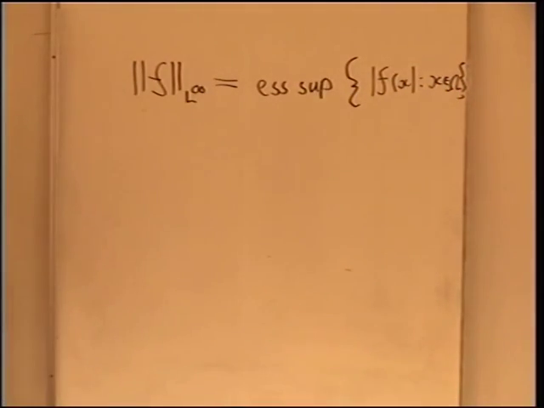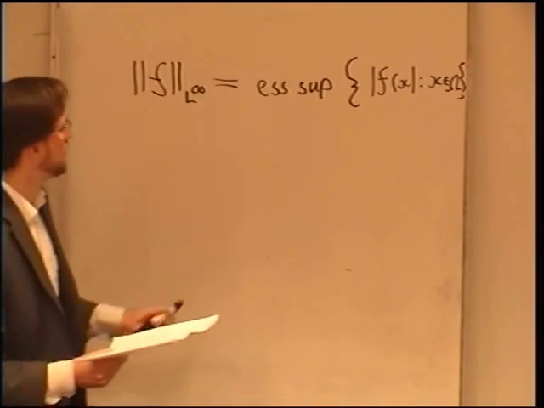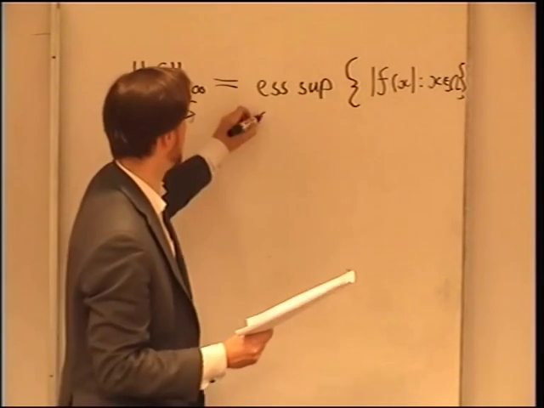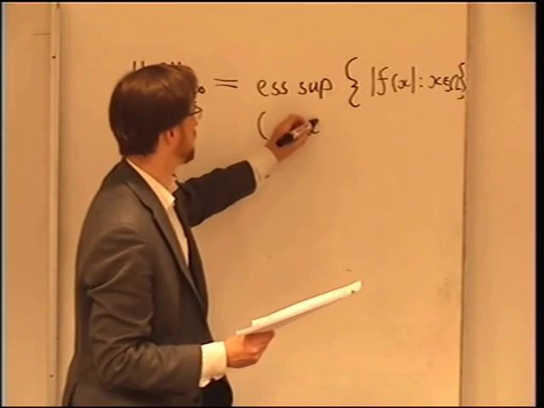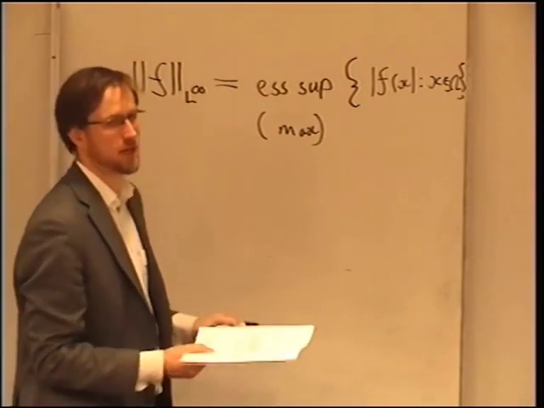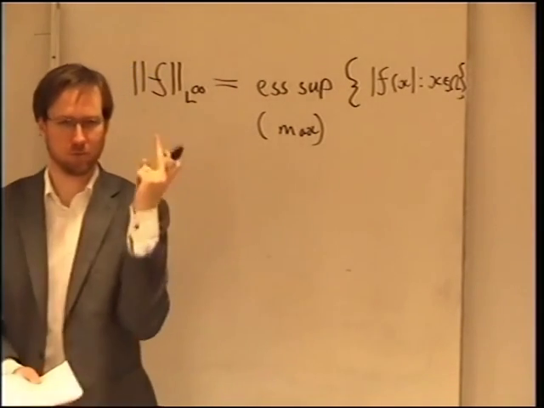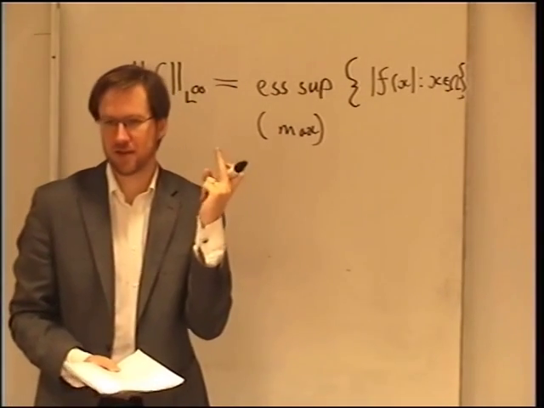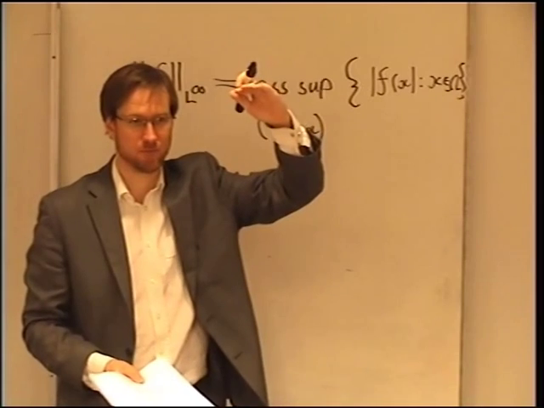So what that basically means is if we were to call that max instead of essential supremum, then we'd understand what this means. This means that it's the single point at which this function takes its greatest in magnitude value.